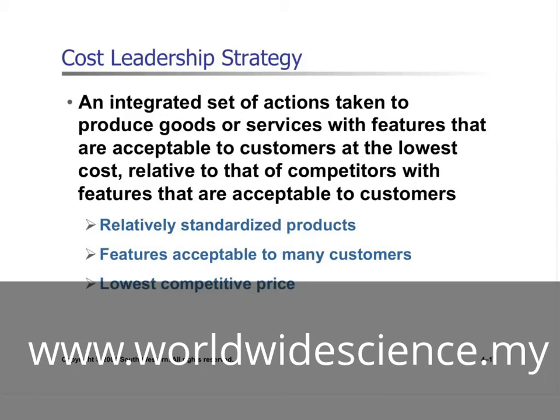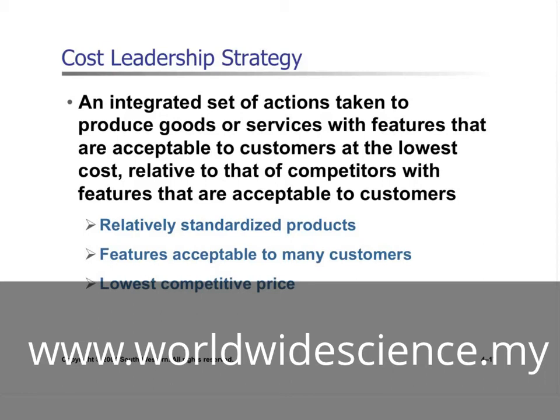The second point is using features acceptable to many customers. So when you are trying to please customers in a broad sense, you have to go for as many customers as possible. You cannot just say, okay, I do this product and I like it, so everybody else should like it.